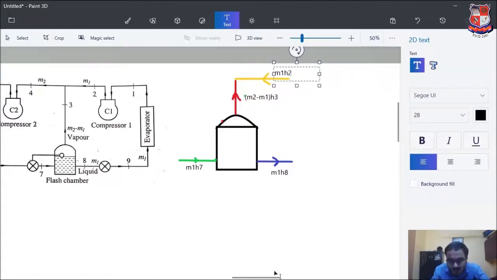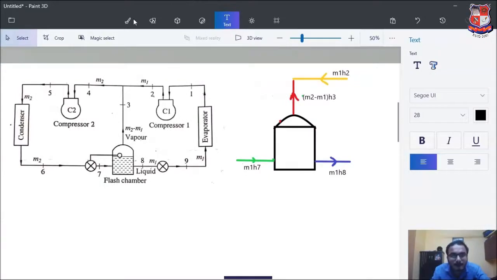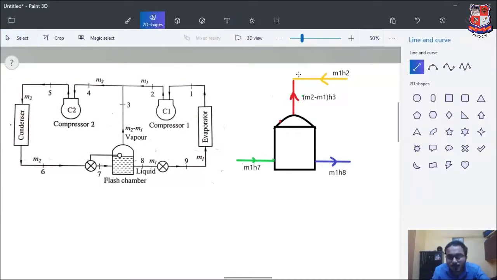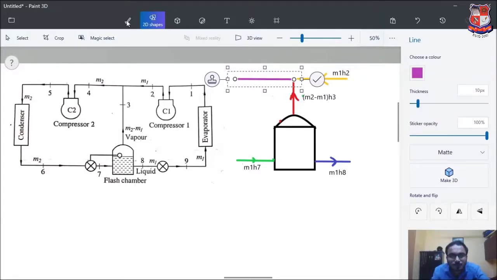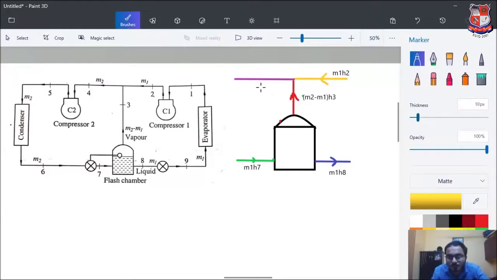Then at the exit, this will be the exit condition.